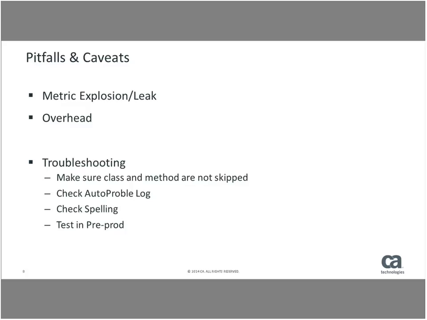The agent is going to look at when the classes and methods are getting loaded, and it's going to look at the instructions. If there is a skip statement that exists for that particular class and method, it doesn't matter whether you instrumented it or not. It's going to skip that, right? So you have to be careful. You have to see whether there are no skip statements for that particular class and method.